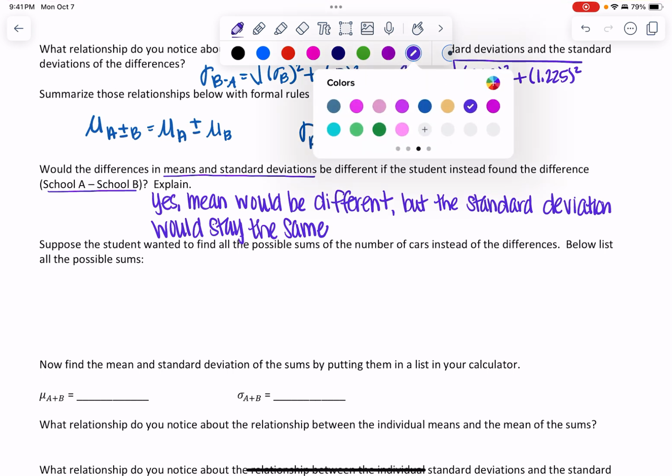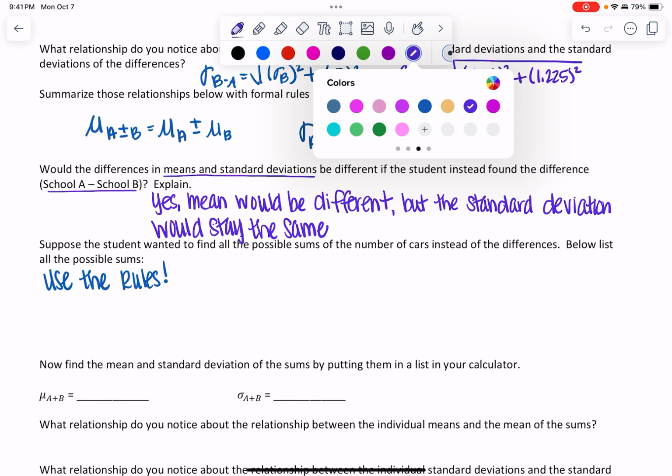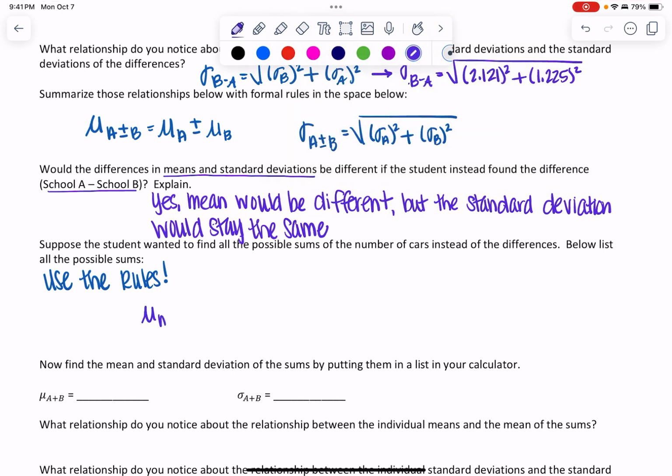Again, we are going to take this moment and use the rules. So let's do that. For the mean of A plus B, that is going to be 3 plus 4, which is 7 cars. And then the standard deviation of A plus B is equal to the square root of 1.225 squared plus 2.121 squared.